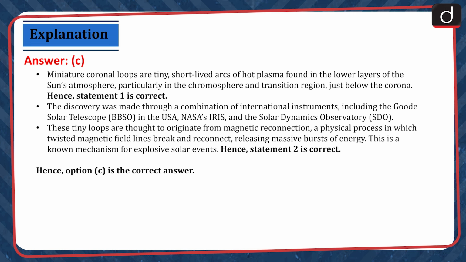These tiny loops are thought to originate from magnetic reconnection, a physical process in which twisted magnetic field lines break and reconnect, releasing massive bursts of energy. This is a known mechanism for explosive solar events. Hence, statement 2 is correct. Hence, option C is the correct answer.